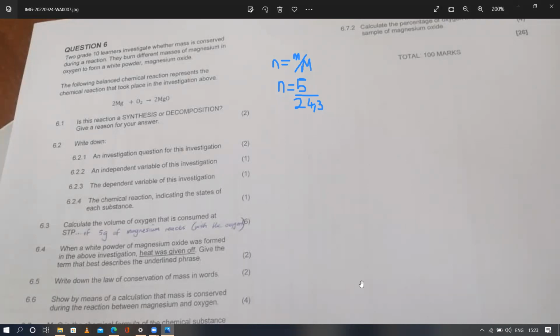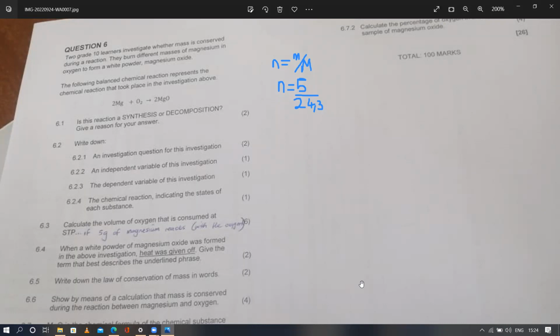Okay, so let me get my calculator. Now the number of moles is going to be 5 divided by 24.3. That's going to give 0.21.